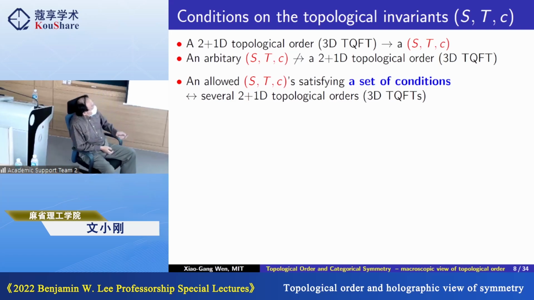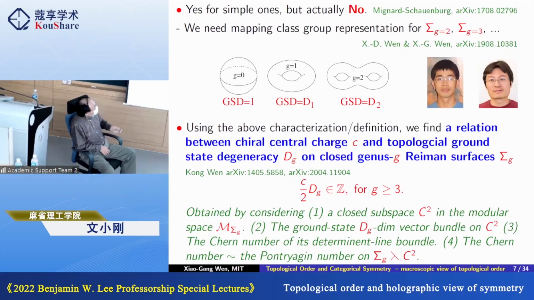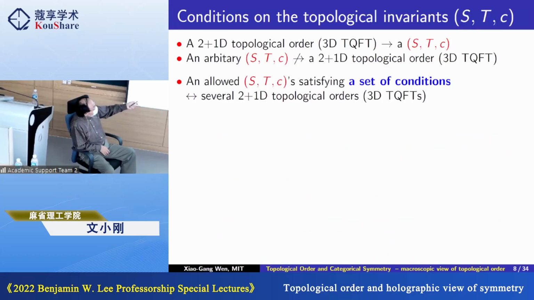Now suppose we just give data STC which satisfies this condition, and we can find many triplets that satisfy it. Then the question is: does every possible choice of triplet describe a topological order? The answer is no. The condition we have is too weak.